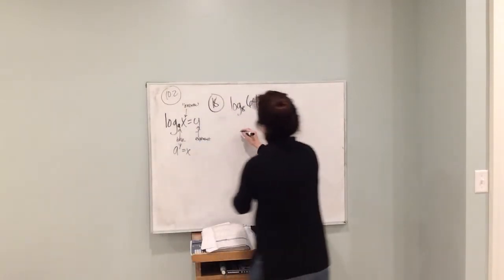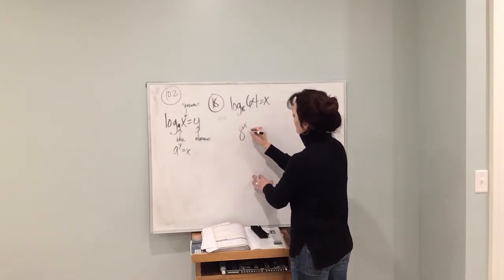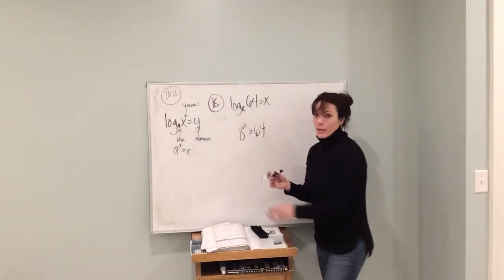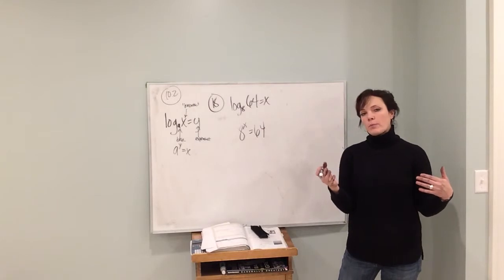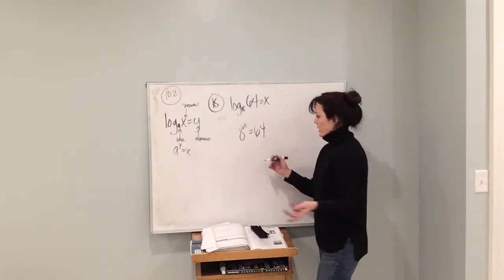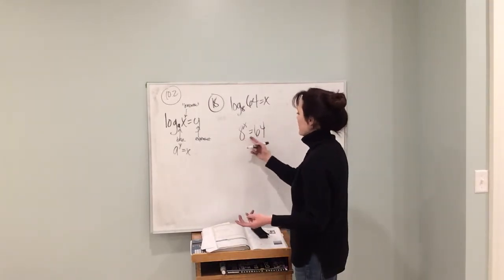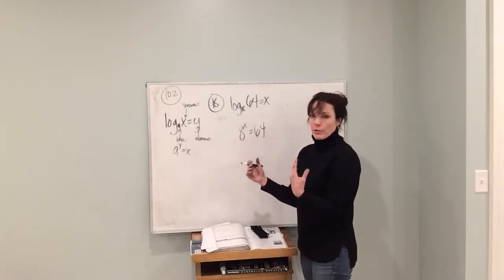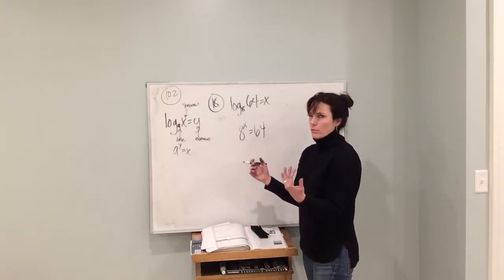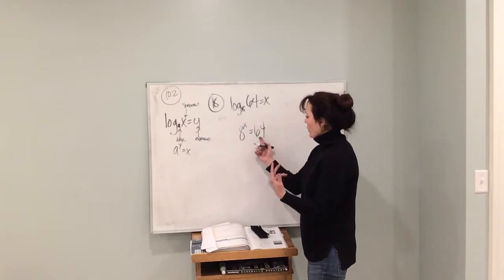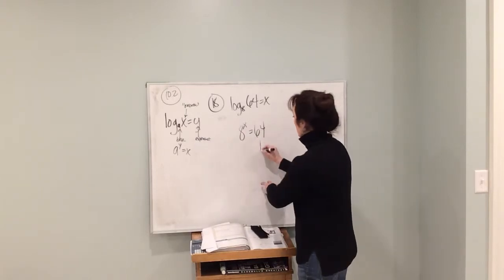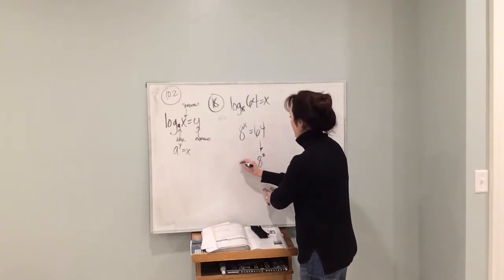So if I rewrite it, I have 8 to the x equals 64. And if you can rewrite it in terms of exponential form, then we can just use that exact same rule that we did before. Let's get the same base. You could rewrite both of them in terms of a base of 2, but all we do is change this to a base of 8. So let's make this 8 squared.